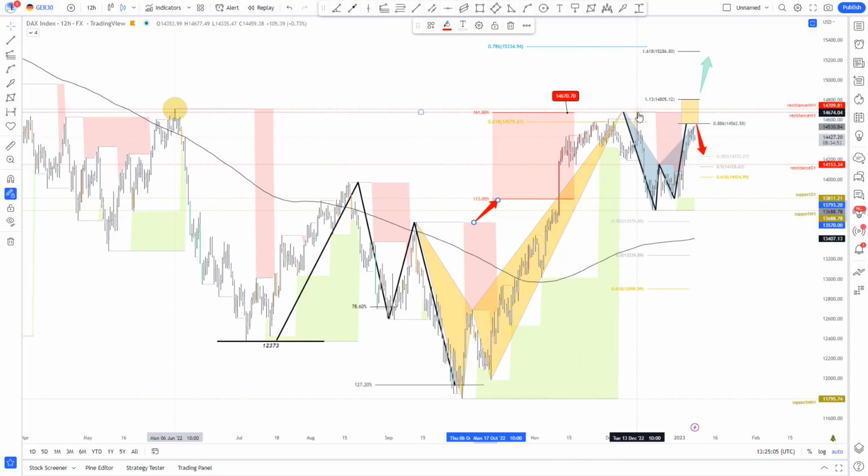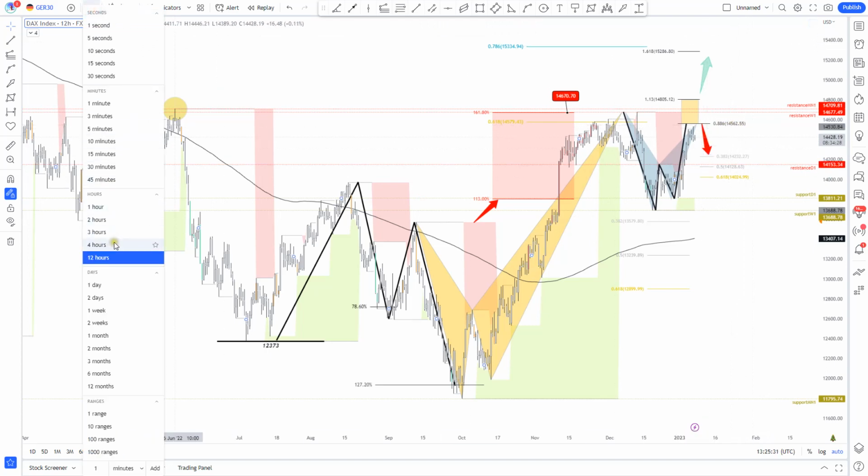As you can see, you have a fractal at 14,677, $7 above the golden Fibonacci extension, and the market starts to drop. A retest of the highs, we have the most recent resistance printed immediately below a bearish bat pattern completion point.